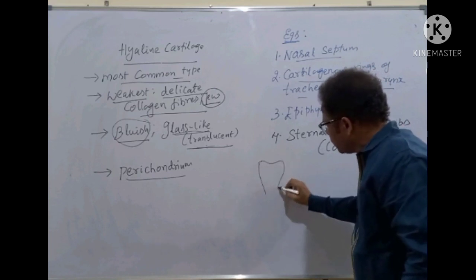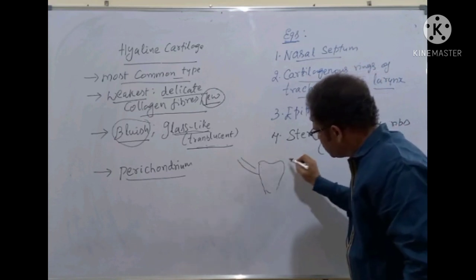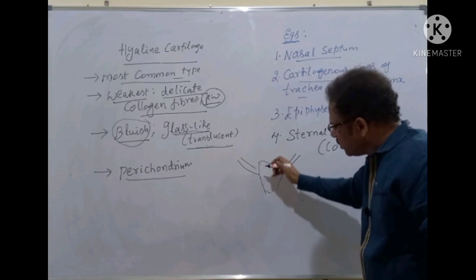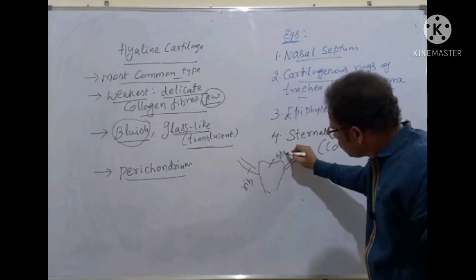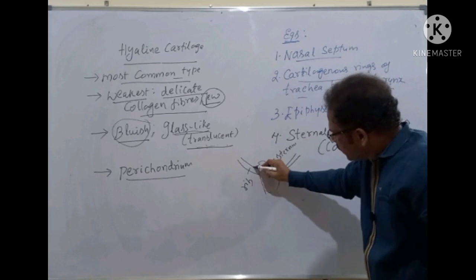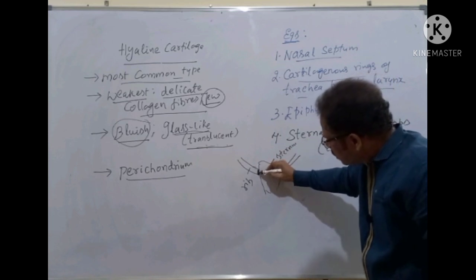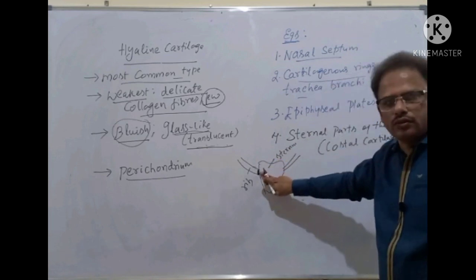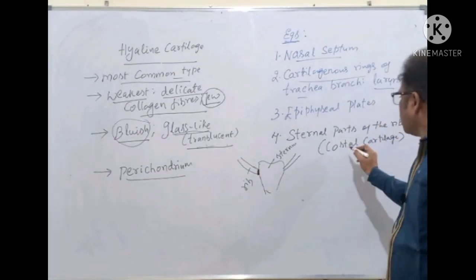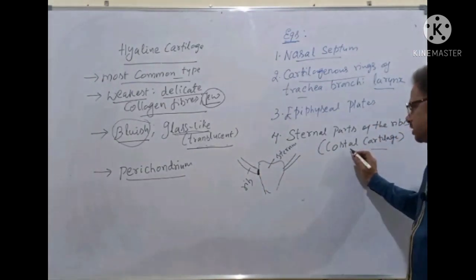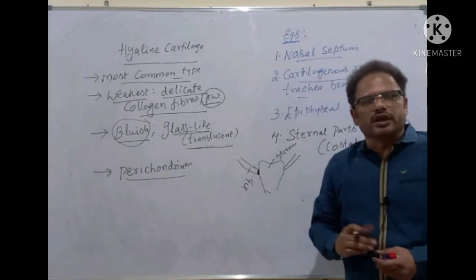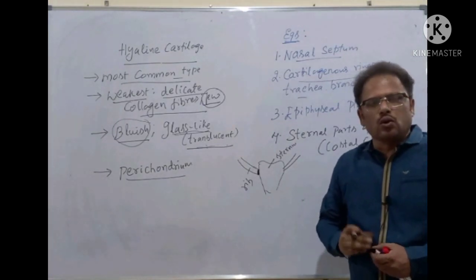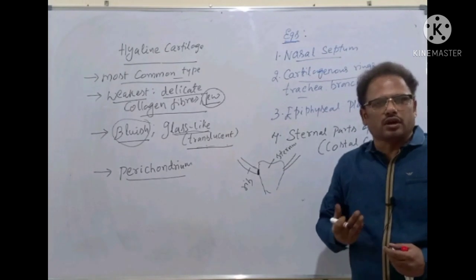Here is a sternum. The rib is attached to the sternum by the help of which one? Hyaline cartilage. Anything rib means here which one? Costal. That's why we say the muscles present in the ribs are called as intercostal muscles. Costal means they are associated with the ribs.